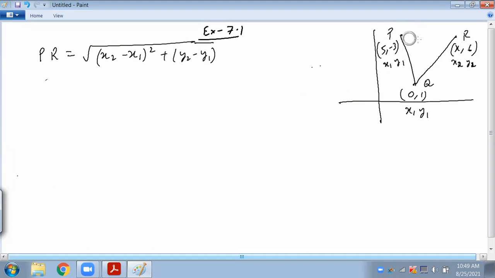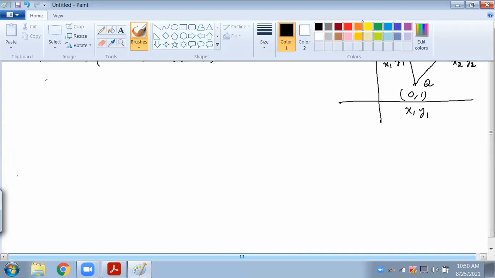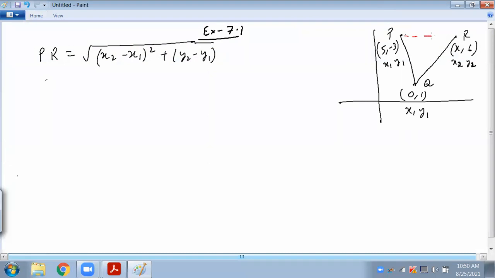Now put the values. x2 is x, minus x1 is 5, plus y2 is 6, minus y1 is minus 3.